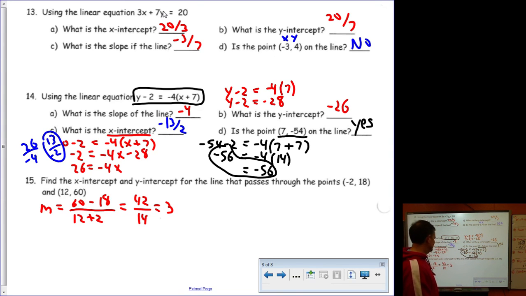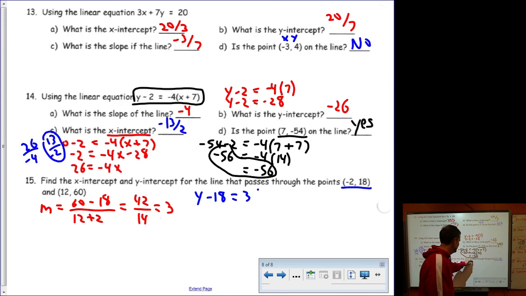So I'm going to write the equation, and I'm going to go ahead and use this ordered pair and get y minus 18 equals 3 times x plus 2. Now, I want the x and y intercepts, so I'm going to simplify this thing first. y minus 18 equals 3x plus 6.